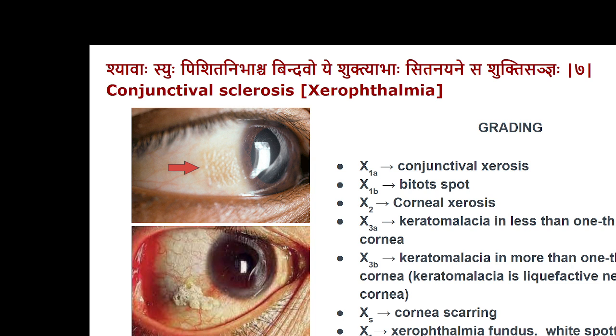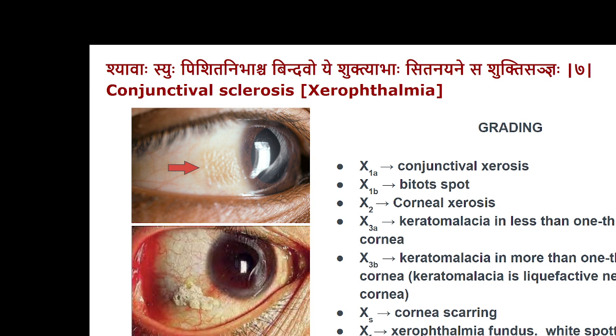Xerosis, congenital sclerosis or xerophthalmia is again a degenerative disease where there is replacement by fibrous collagen tissue without proliferation. In pterygium there is epithelial proliferation, whereas in xerophthalmia there may not be proliferation of the epithelial tissue.